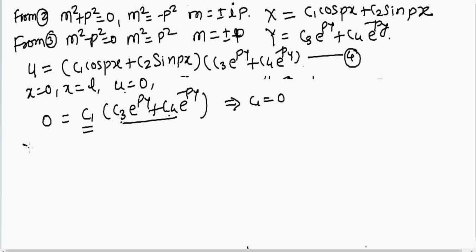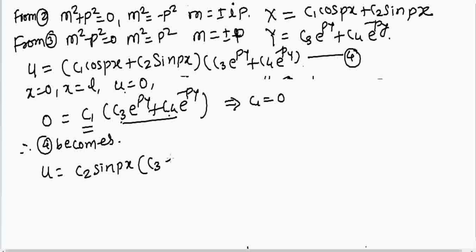Therefore, using this condition, equation 4 reduces to u equal to c2 sin of px into c3 e raised to py plus c4 e raised to minus py.